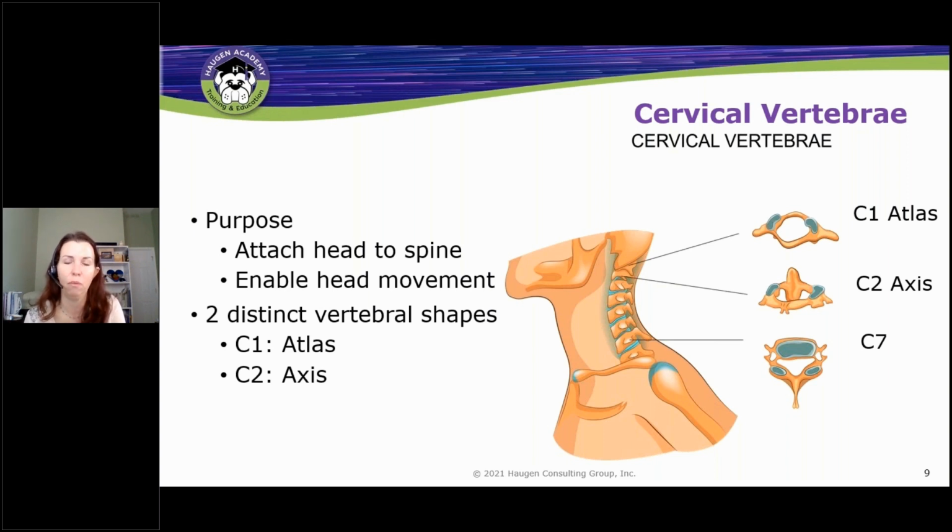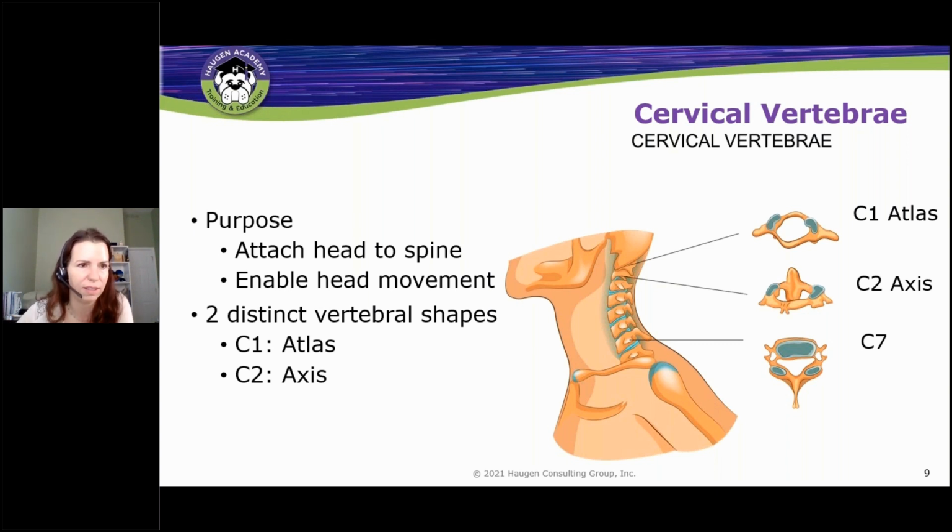The C1, or your first cervical vertebra, is also called the atlas, and C2, your second cervical vertebra, is called the axis. These bones help attach your head to your spine. They enable movement. And think about all of the different ways your head can move. It's pretty incredible that these two bones can facilitate the movement of your head, right, left, back, forward, around, up, down.